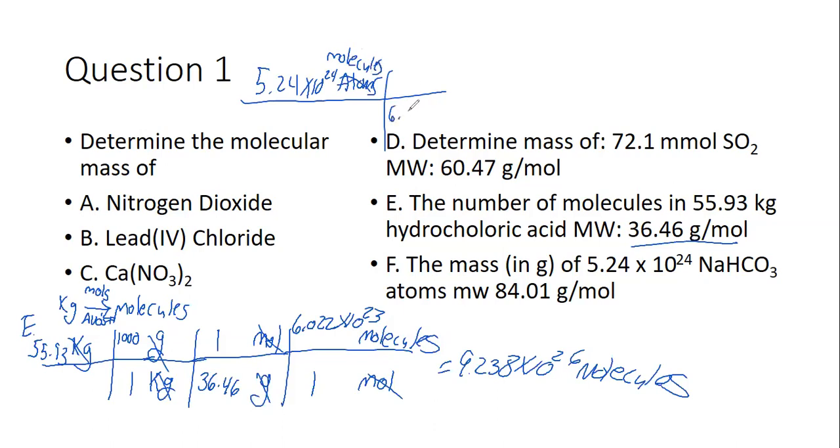There are 6.022 times 10 to the 23rd molecules in 1 mole of anything. And for our compound, we want to end in grams. So our molecular weight is 1 mole of NaHCO3 is 84.01 grams.